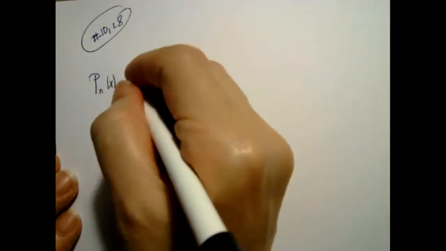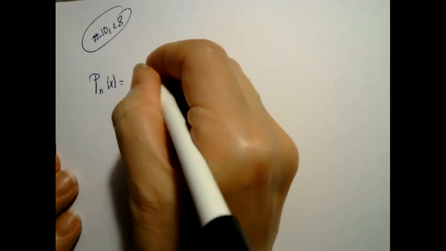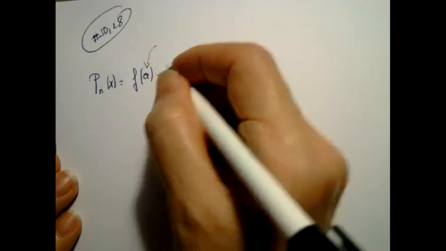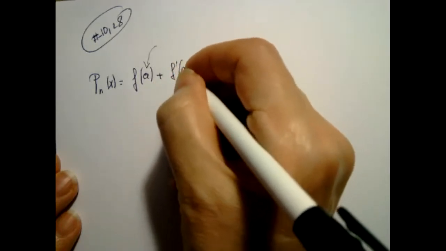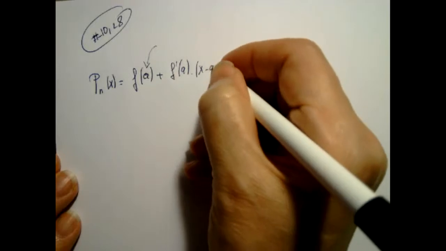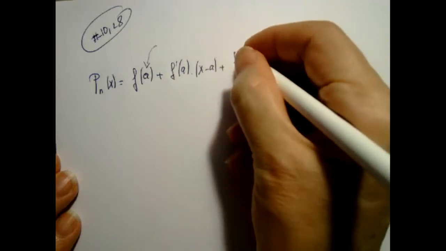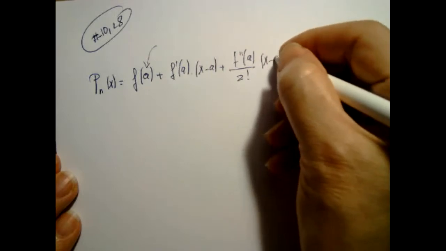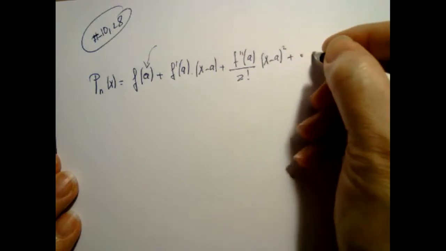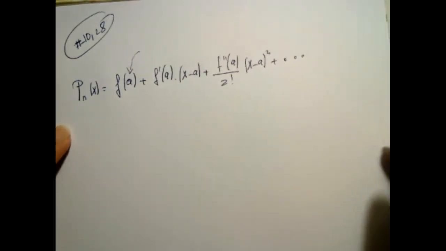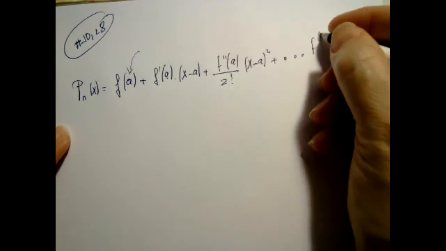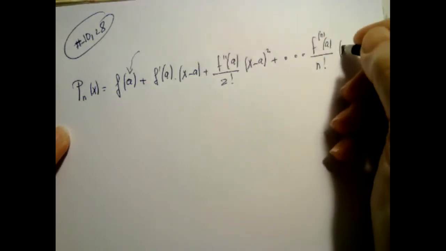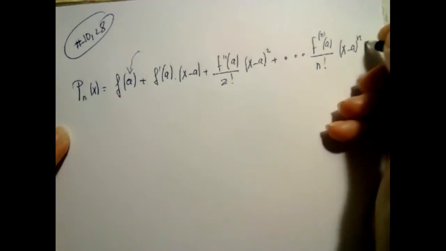It's f at the point a, so here we're doing the approximation at the point a or near it, plus f prime of a times x minus a, plus f double prime of a, the second derivative, over 2 factorial times x minus a squared, plus we keep going up to the nth order, which gives me the nth derivative at a over n factorial times x minus a to the power n.